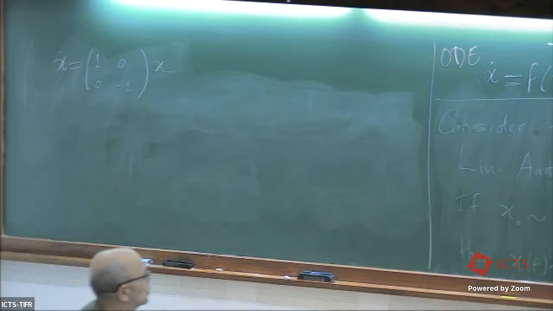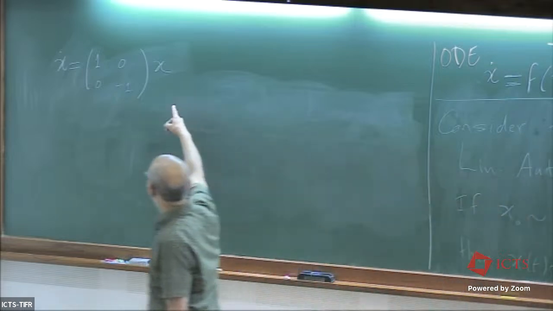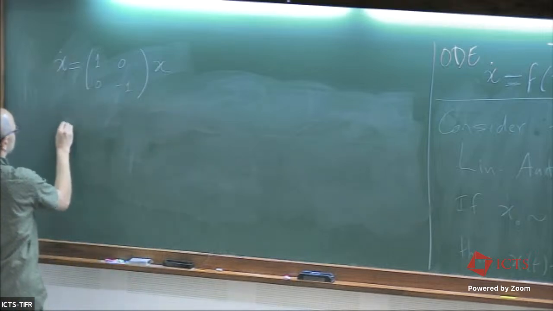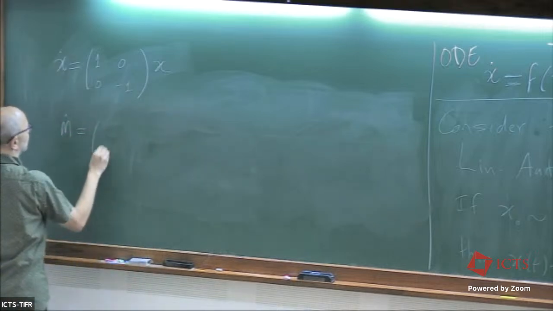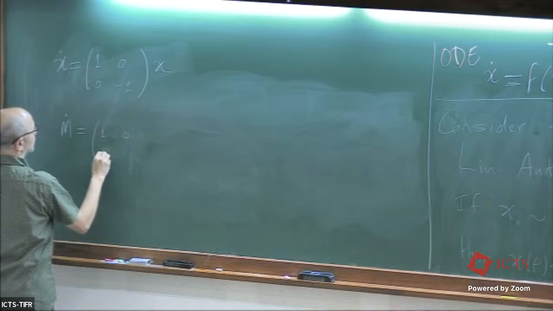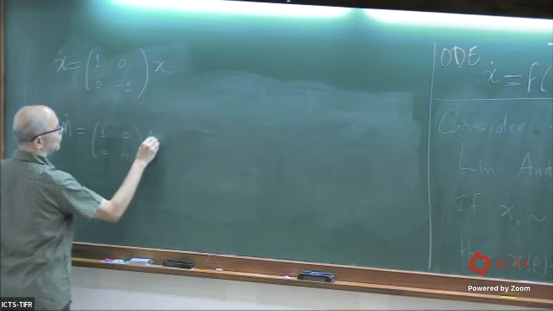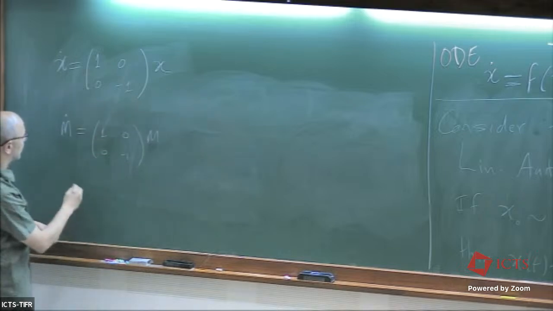What happens to this equation here? This equation exactly does what this equation does for two different initial conditions. So m dot equal to [[1, 0], [0, -1]] m. And I didn't write down the initial condition.